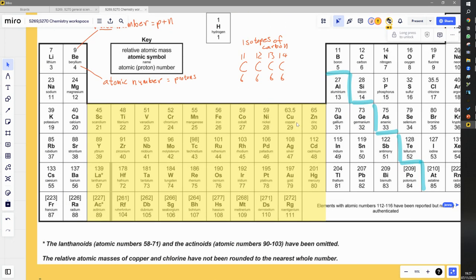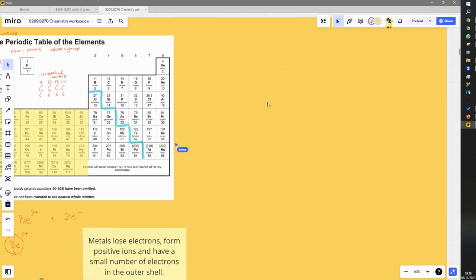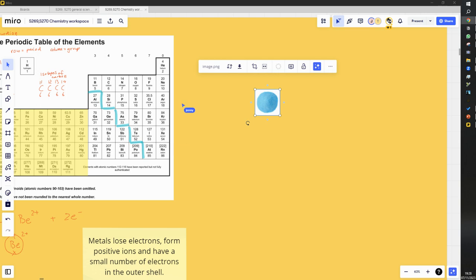So copper sulfate, let's get a picture of it. You may remember that copper sulfate is bright blue. Let's copy an image there. And then we've got iron oxide.